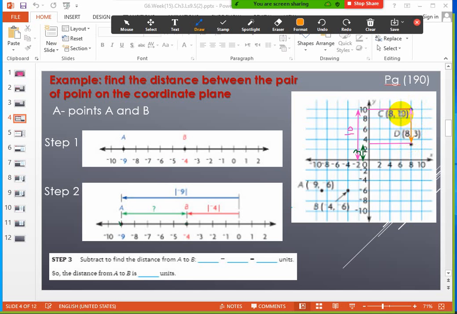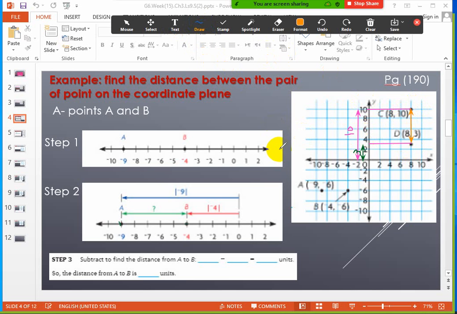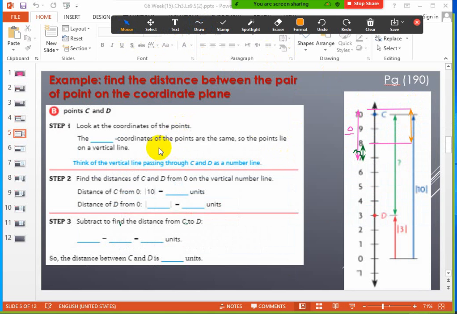So the distance between C and D is the difference between the y coordinate for those 2 points, 10 and 3. That means 10 minus 3 is the vertical distance between C and D. That means it will be what? 10 minus 3 equals what? 7 units.